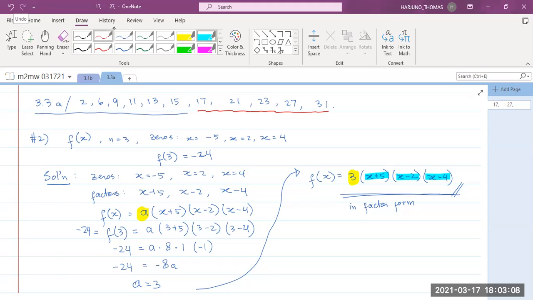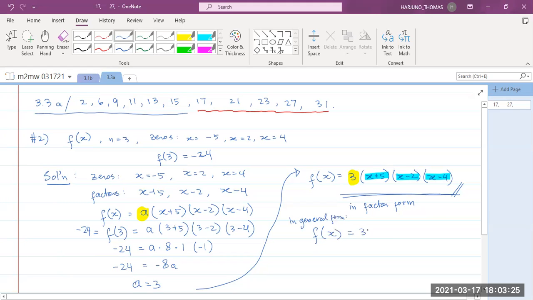Okay, now suppose I want that to be in general form. In general form, we basically FOIL that. In general form, that will be f(x) equals 3 times, let me multiply from the back. That will be x squared minus 6x plus 8.